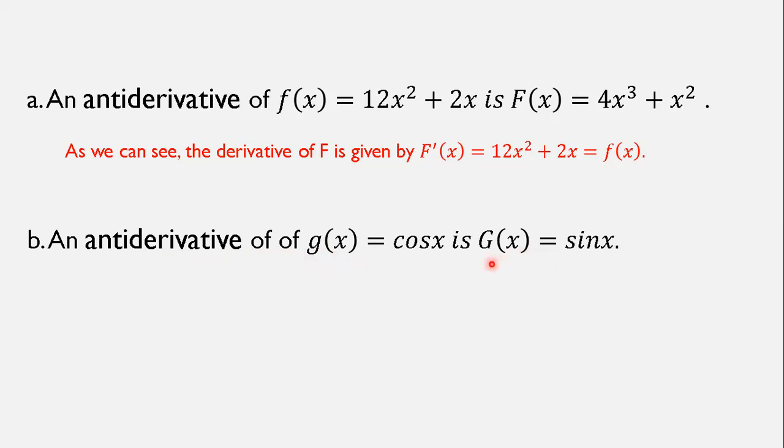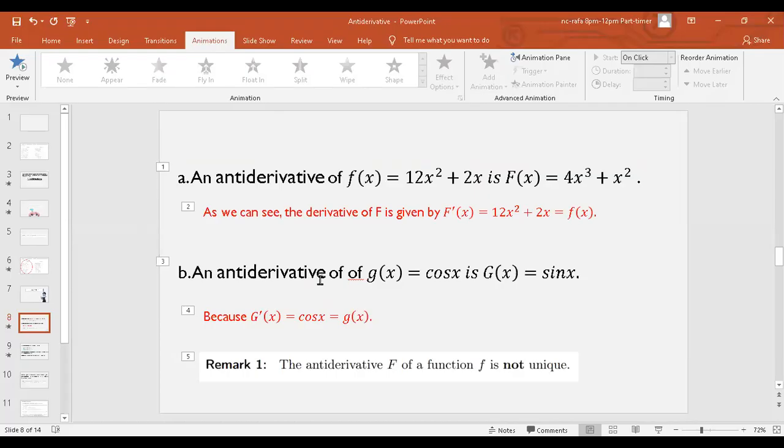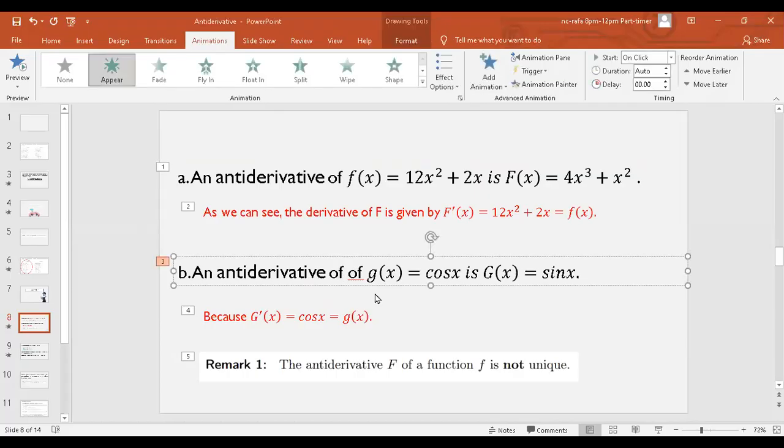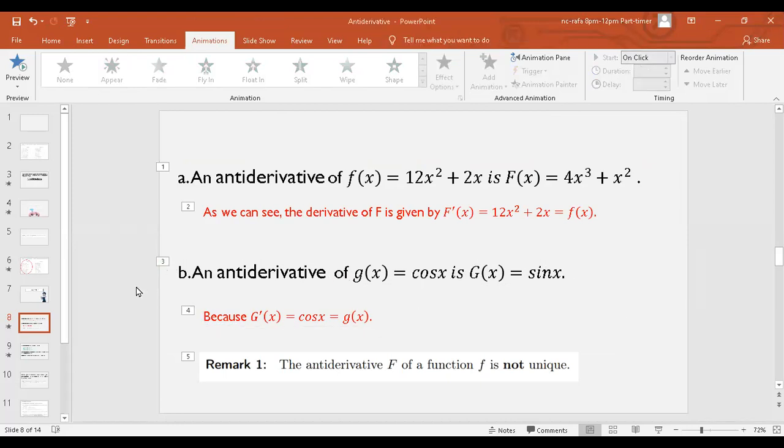The reason is the same: G prime of x is equal to cos x, and that is equal to our g of x. And that is the reason it is called the antiderivative.